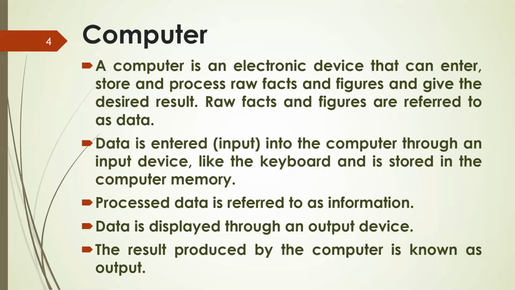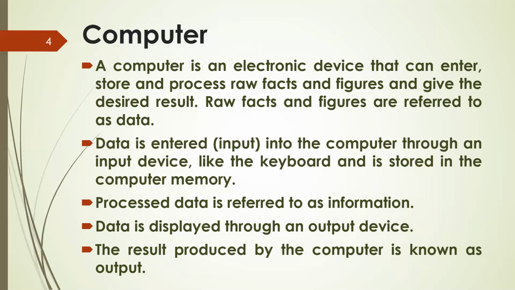It means the computer is an electronic device which takes in raw facts and figures, known as data. How do we enter data? Through an input device like the keyboard, then it is processed in the computer system, and that processing is referred to as information. After that, it is displayed through an output device on the computer, and the result produced by the computer is known as the output.